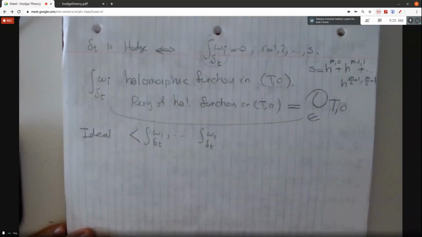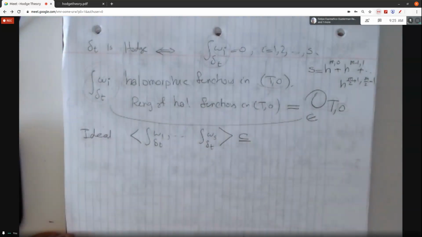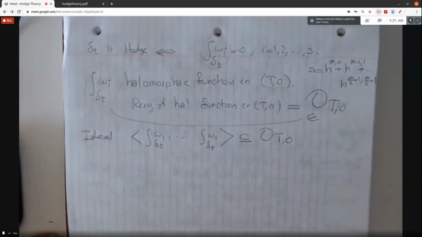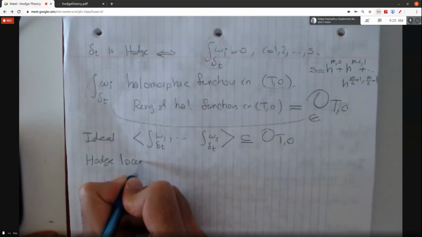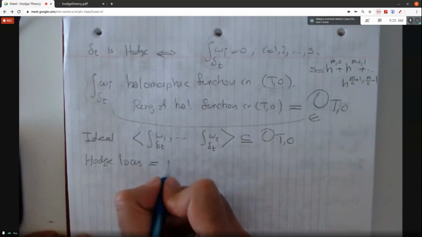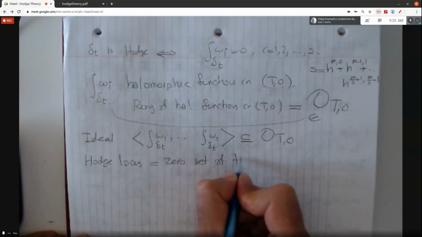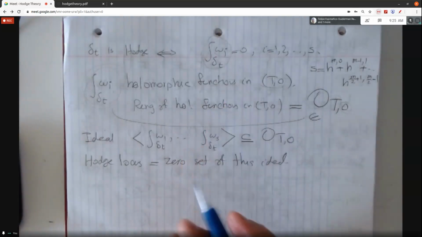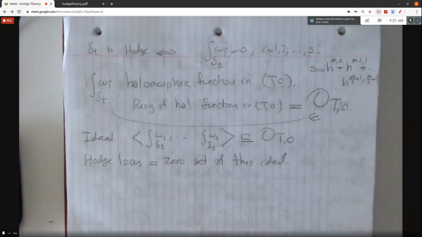Anyway, what we get is this ideal, a holomorphic ideal inside O_T0, and the Hodge locus is just the zero set of this ideal, because when t is zero for this, then we have this Hodge locus.